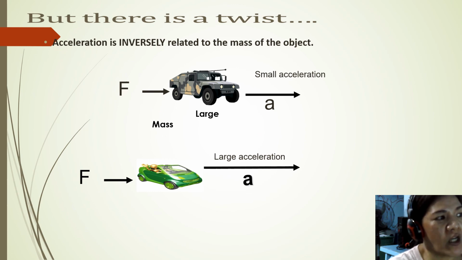But there is also a twist, so always try to look in every situation for the twist. Acceleration is inversely related to the mass of the object. So a force on a greater mass gives small acceleration, while a force on a lesser mass gives a large or greater acceleration. So that is the twist.